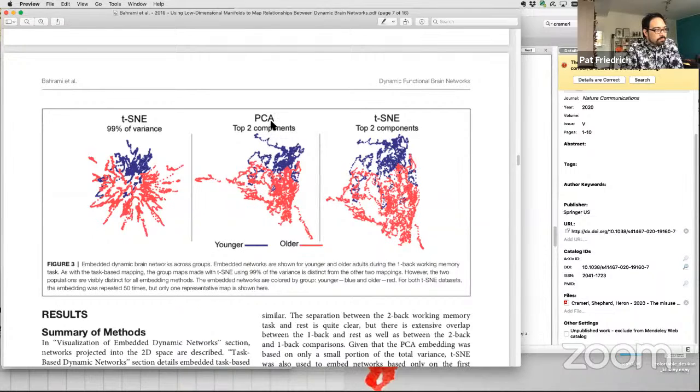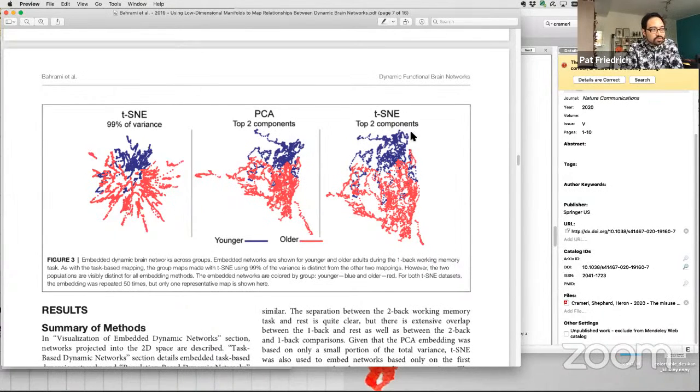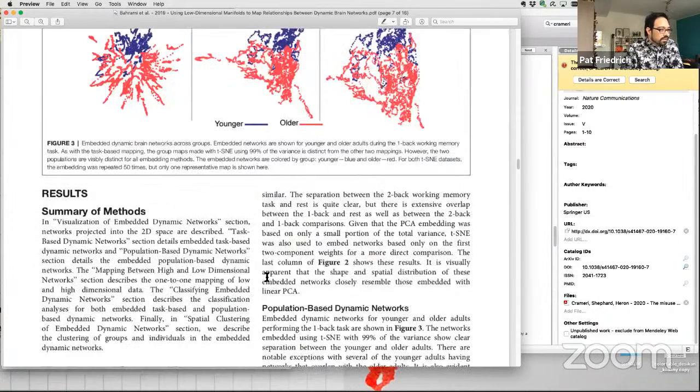Here with the PCA top 2 components, we can also see somewhat that it's distinguishable, but not so good anymore as compared to t-SNE. And when we just look at the top 2 t-SNE components, we're also seeing at least somewhat of a split, with the younger adults on top and the older here at the bottom and the middle of the screen.